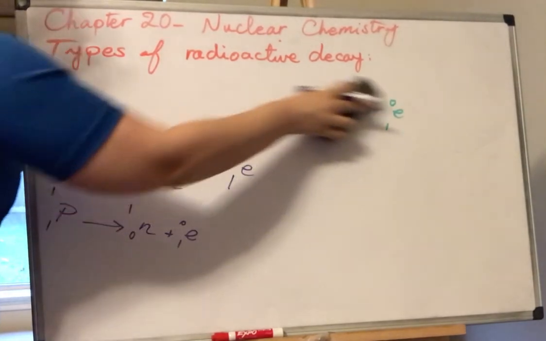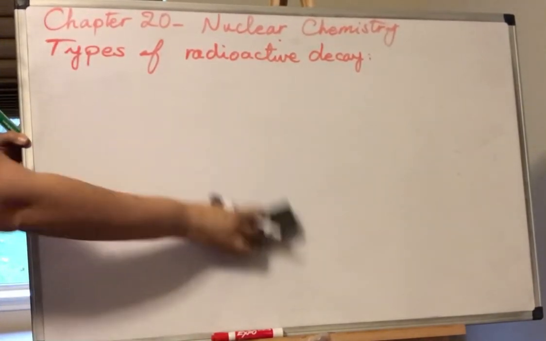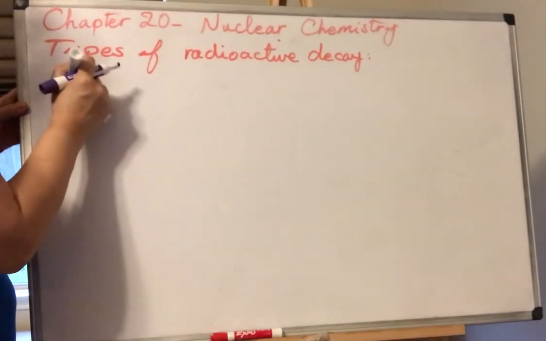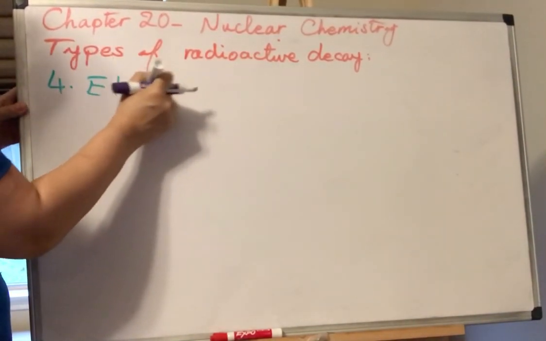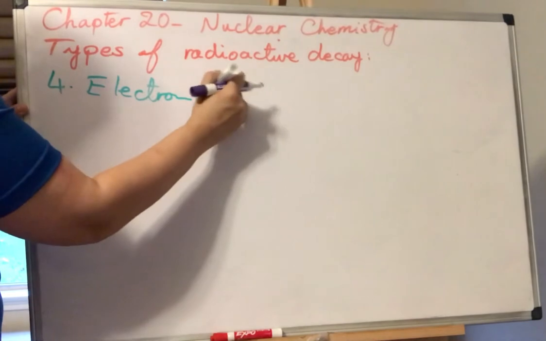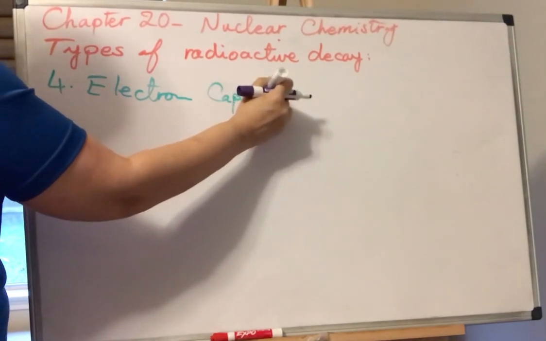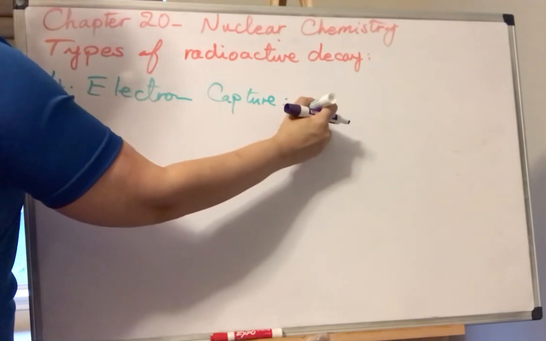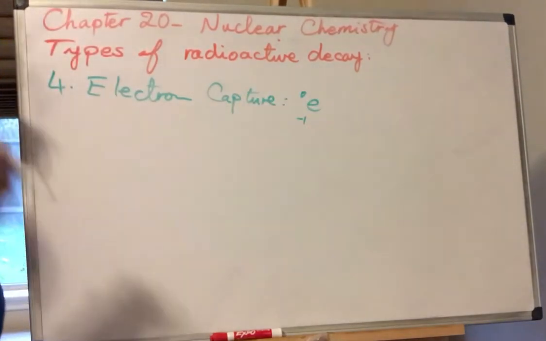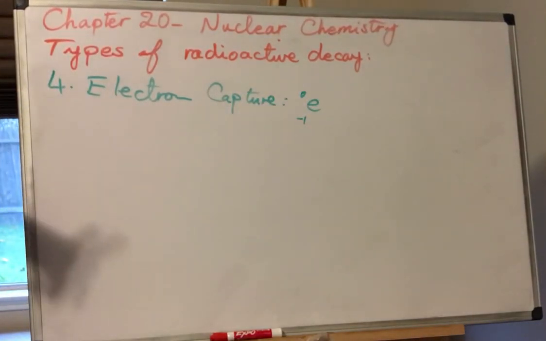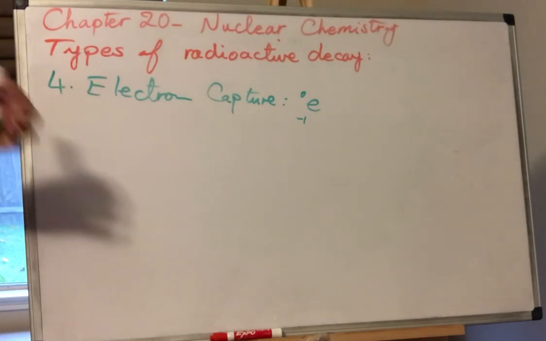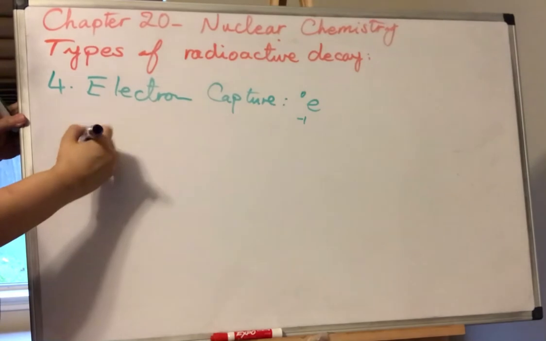The fourth type of decay is electron capture. So far, all of the particles were the product. Now, when we say capture, it means that the electron is our reactant.